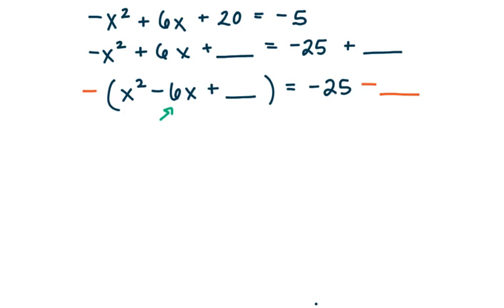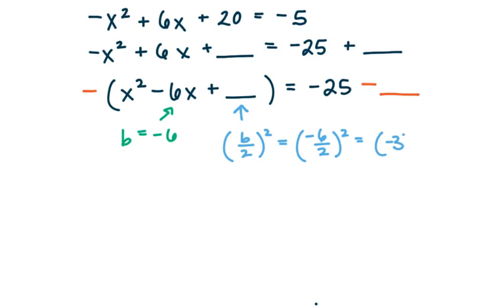So let's look at b. b is negative 6. That means my magic number is b divided by 2 quantity squared, or negative 6 divided by 2 squared, or negative 3 squared, which gives us a positive 9.